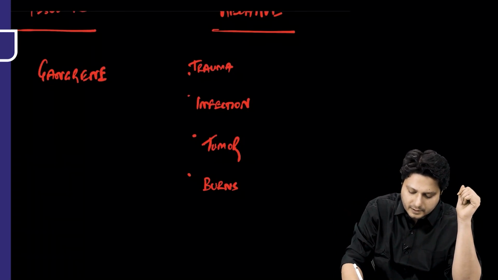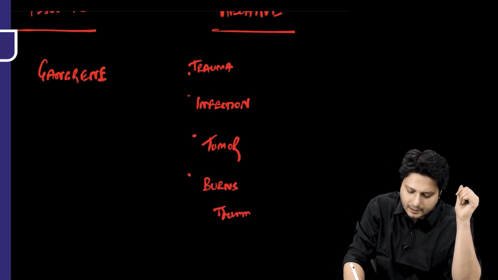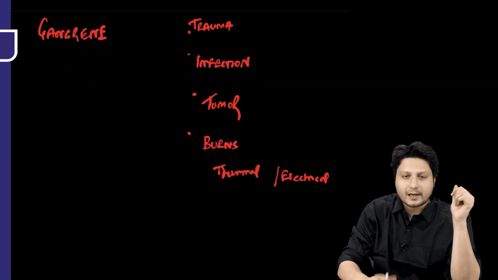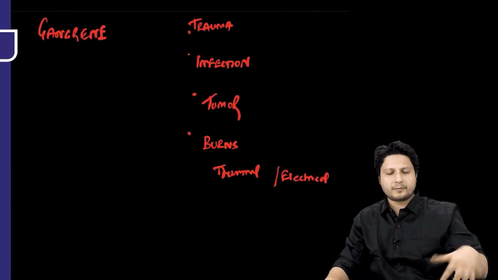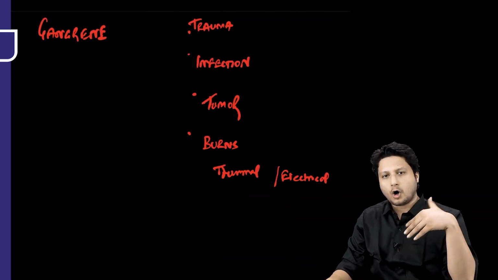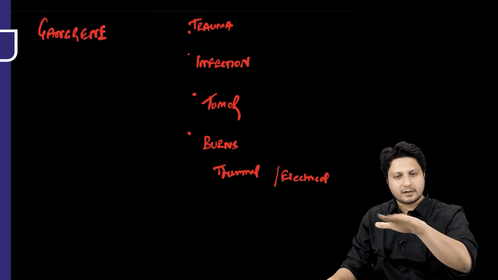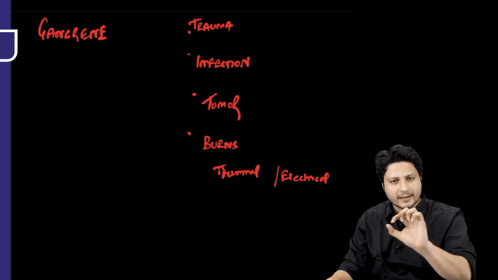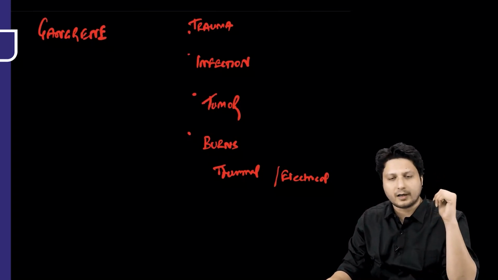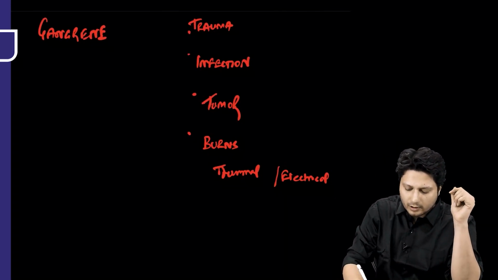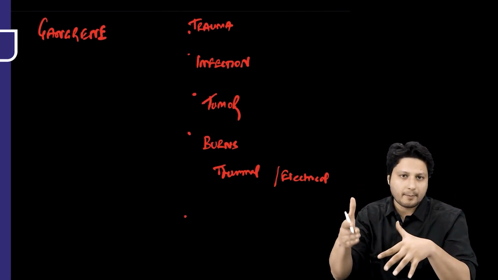These burns could be thermal or electrical. When a limb or a finger or any part is subjected to a thermal or electrical burn, it might result in severe injury to the vessels as well as muscles, which ultimately will lead to gangrene. So in all these cases, you can perform the amputation.